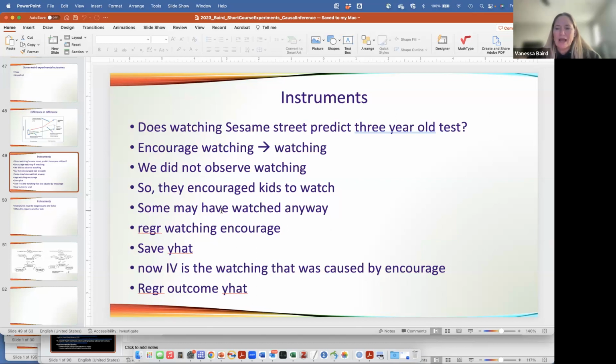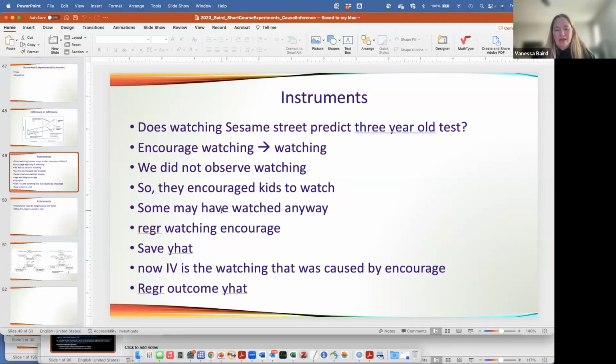Then you save y hat. Now it's watch only as a function of encourage. And you see how they've now sliced out the variation of parents who would have watched anyway, or whatever, right? That watching is now a function of whether they were encouraged, which is just a 0-1 variable.